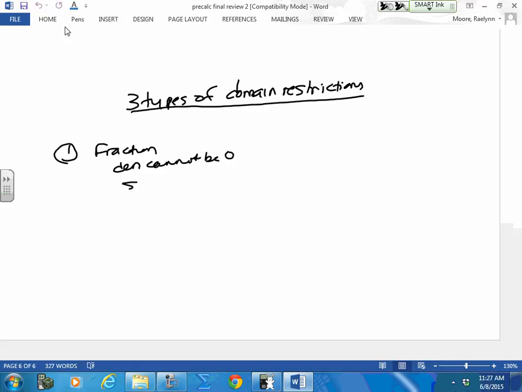So we're going to set your denominator to 0 and solve. For instance, I want to know what x values can I use in my domain. My numerator is fine, but my denominator, I cannot let my denominator be equal to 0. So I take this out and I set this equal to 0.